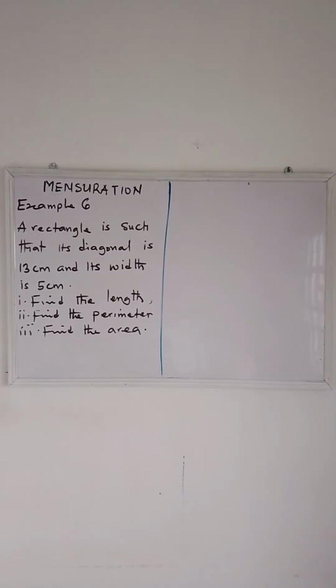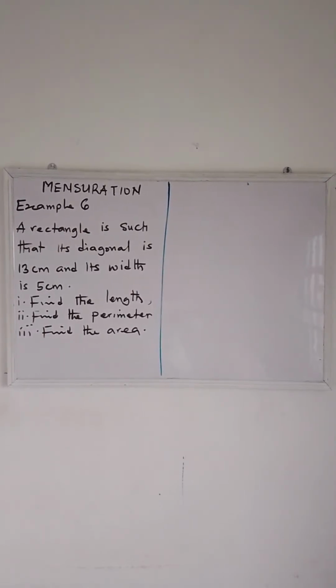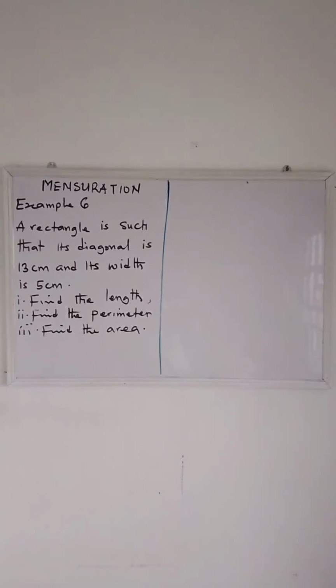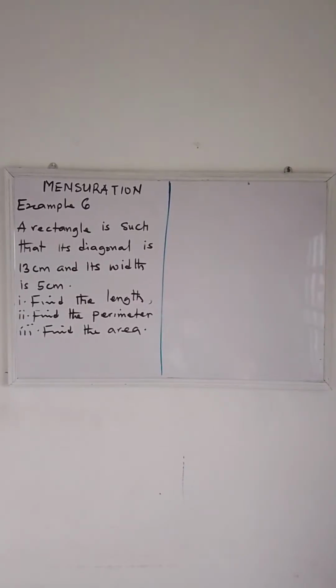Any other person? Yes, Toyosi, I'm waiting for your answer. Discord, I'm waiting for your answer. Yes, we still have a good number of you here. Yes, Makinde, I'm waiting for your answer. Adebayo, I'm waiting for your answer.